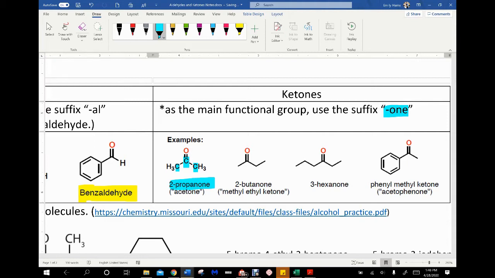And that's, again, because a ketone typically has to be kind of within a molecule in order to satisfy that need to have some sort of chain or group on either side. So you've got 2-propanone. We have 2-butanone, but for the 4 carbons. 3-hexanone, that's on the 3rd carbon, and our chain overall has 6 carbons. That's where the hex comes in.